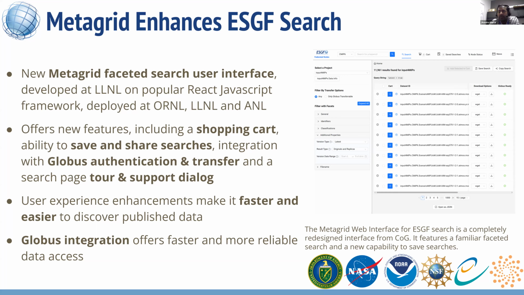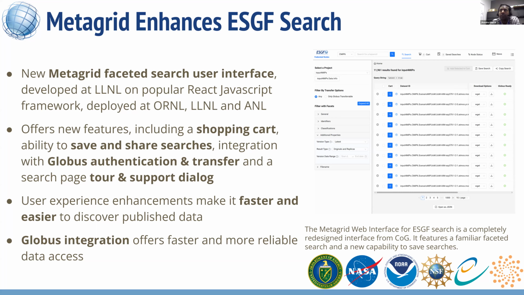It's a Java React based framework, which has already been deployed at several nodes. All the DOE nodes, Oak Ridge, Livermore, and Argonne, have a version of this deployed and available. Several other ESGF nodes across the world have already deployed it, and towards the end of this year, we expect that almost all the nodes will adopt this web UI.